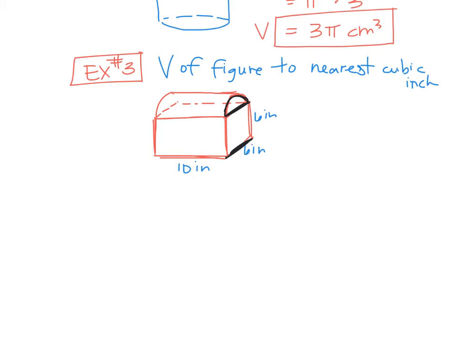And it is half a cylinder. So basically for the volume of the half cylinder, you're doing half of the area of the base times the height, right? The formula is BH, but it's only half a cylinder, so you're cutting it in half. So let's start there. The volume of half cylinder is going to be 1/2.